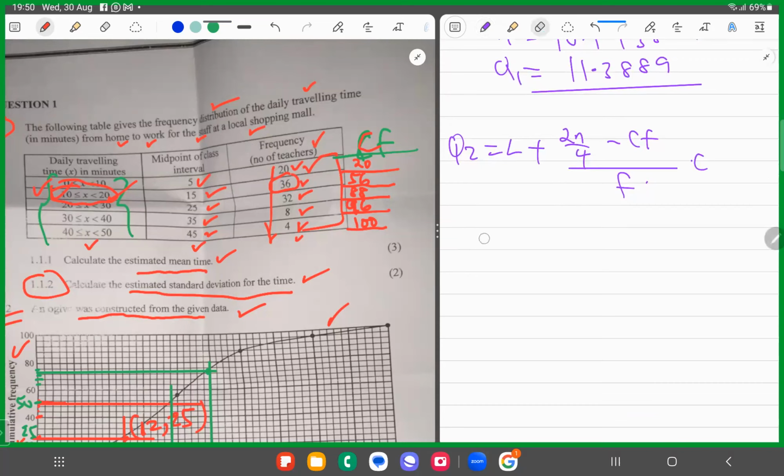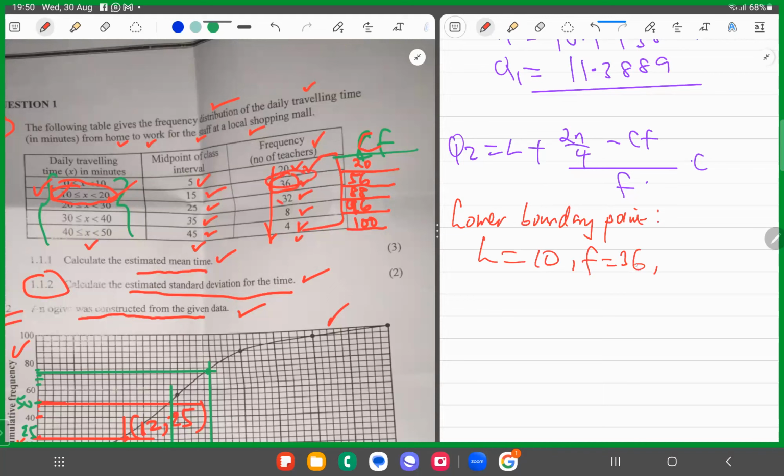And the lower boundary point, just write down some data here. Let me make it red. Something called the lower boundary point. Okay, the lower boundary point is L, 10, from 10 to 20. The frequency is 36 for 10 to 20. You can see it here.